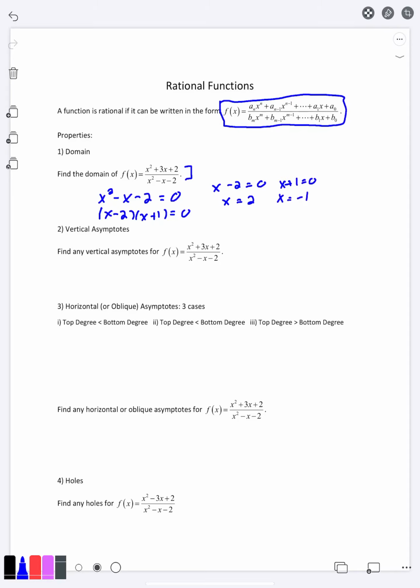The important thing is to remember that these are the values of x that, if you try to plug them in, you would be dividing by 0, which is not possible. So these are the values of x that do not work. So the domain is going to be everything other than those two numbers. Okay, so that gives us the domain.